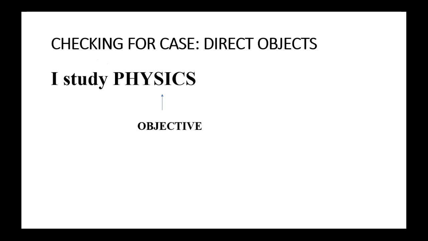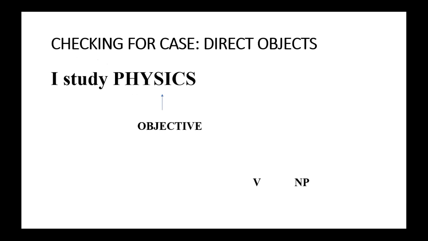Okay, so let's look at particular examples. Let's look at, for example, I study physics. Let me ask you, you answer in your head: what case does physics get in this case? Physics gets objective case.